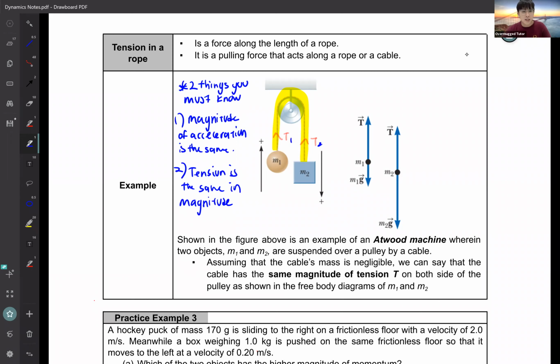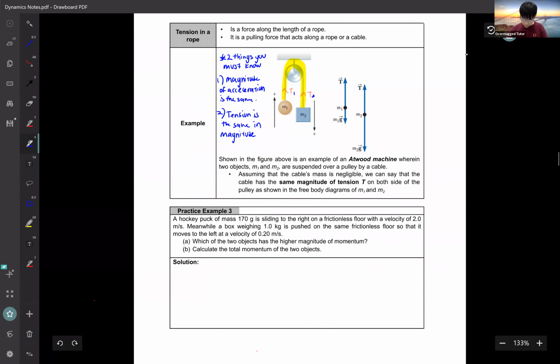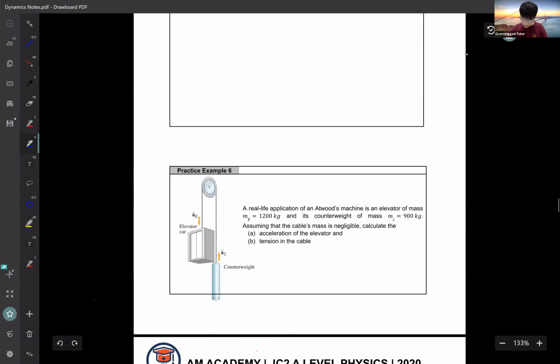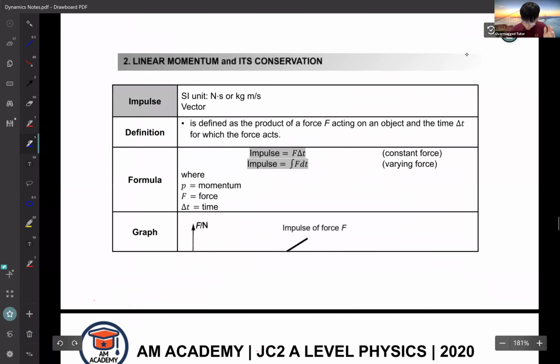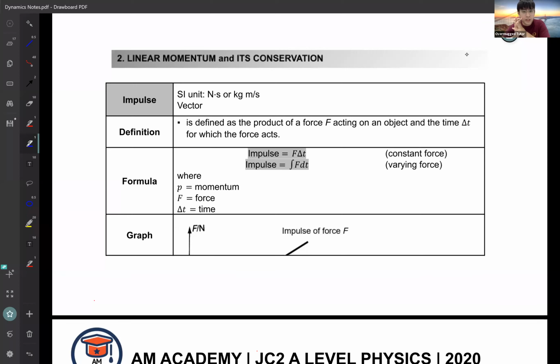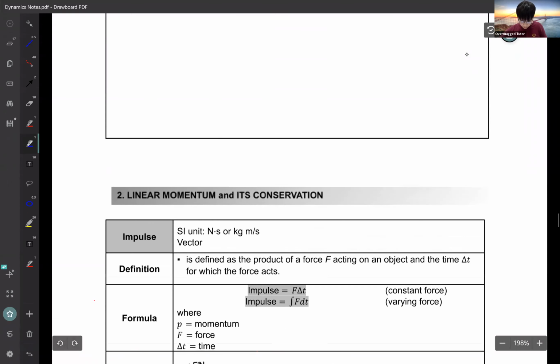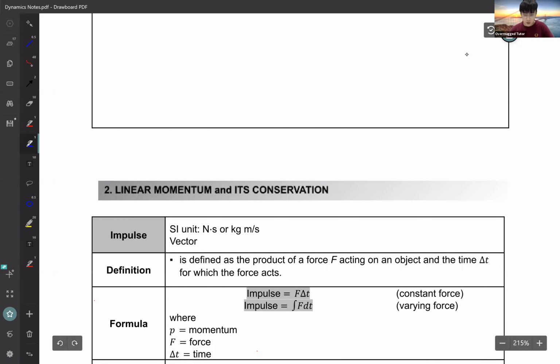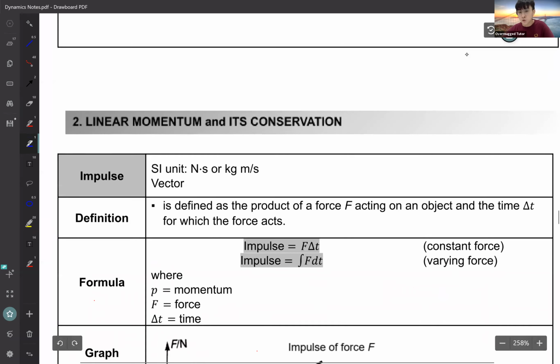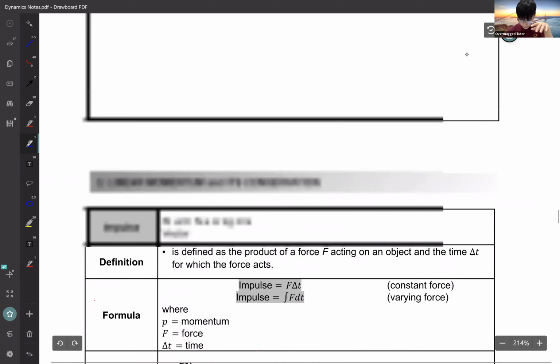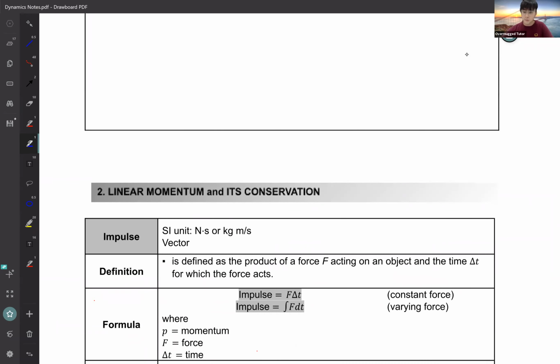Okay, so that's tension in consideration of dynamics. Let's move on to the last set here. Okay, perfect. Now, linear momentum and its conservation. Linear momentum and its conservation is actually an extension of Newton's laws, so later I'll be going through this particular set and explaining how it comes about.